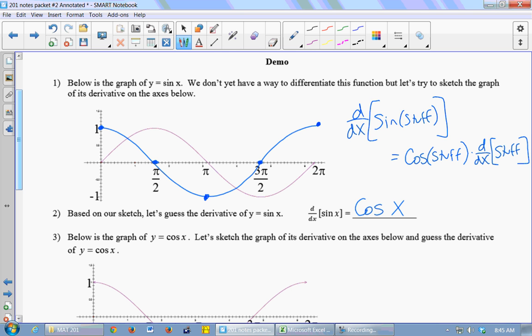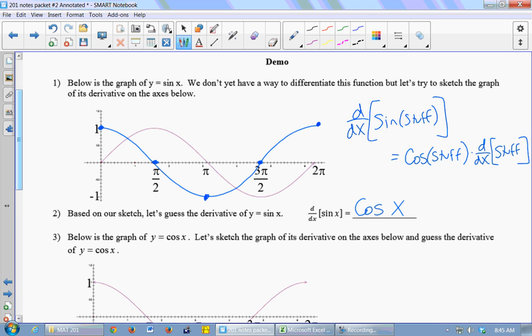The chain rule works the same with the trig functions as it does with exponential, as it does with any function. So here we have the outside function is sine, so the derivative of the outside function is cosine. And so we do the cosine of some stuff times the derivative of the inside, which is the stuff.